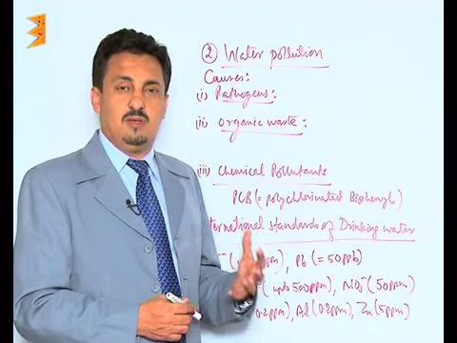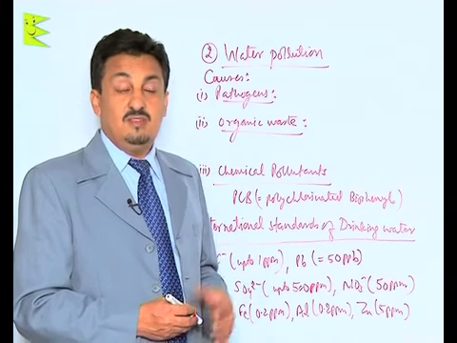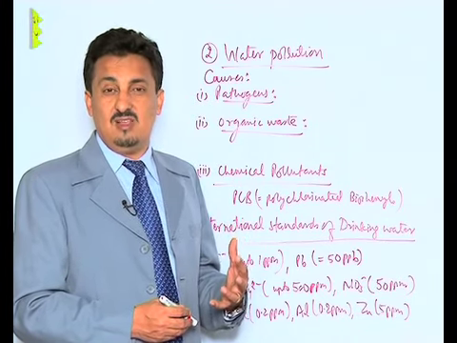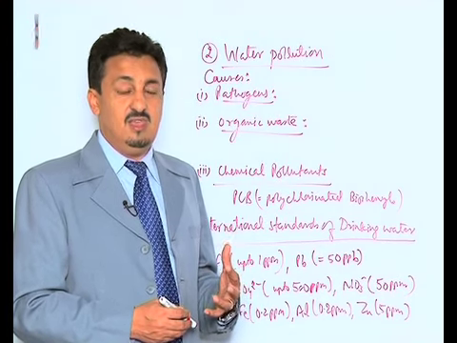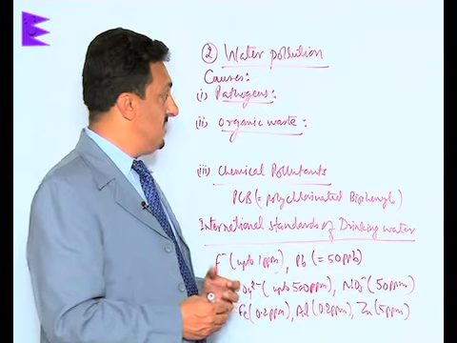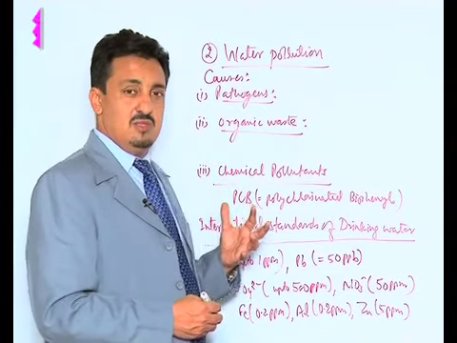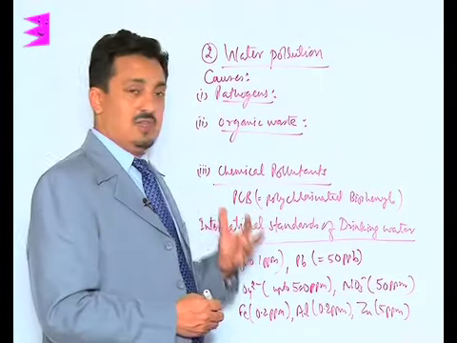So that becomes a major source of these pathogens. They cause serious gastrointestinal problems and other infections, and they're the major reasons for waterborne diseases and other diseases. The second category or reason which causes water pollution is the organic waste.